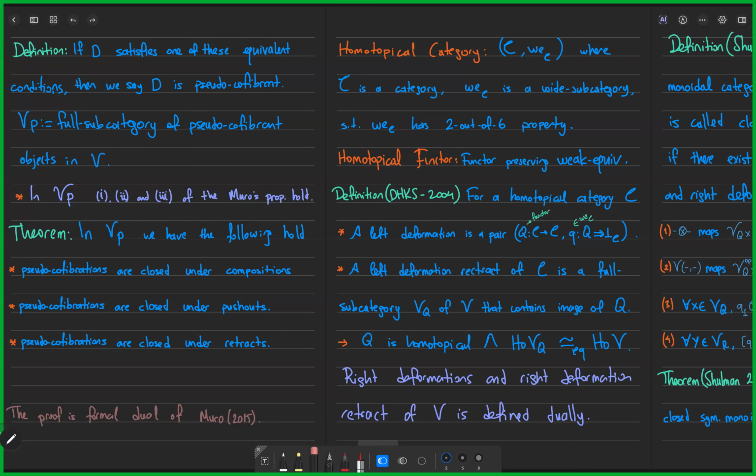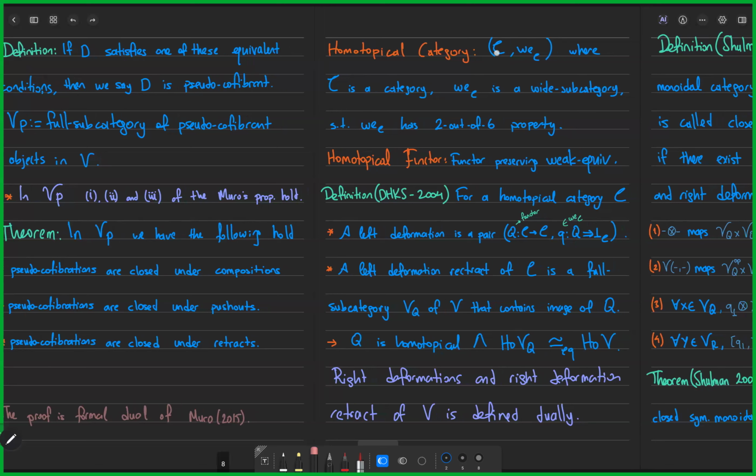A homotopical category is a pair, C and W, where C is a category and W is a wide subcategory, so a subcategory that contains all identities, and it has a 2 out of 6 property that I mentioned earlier.